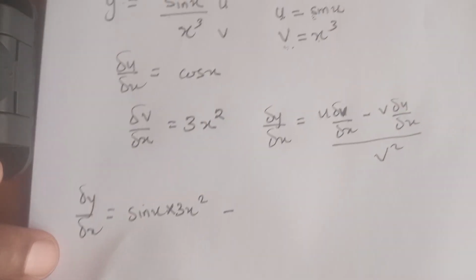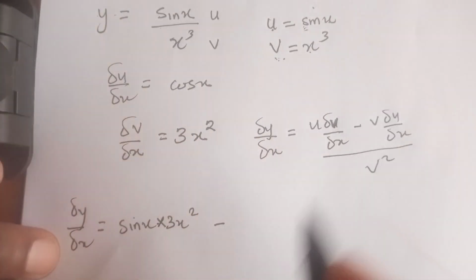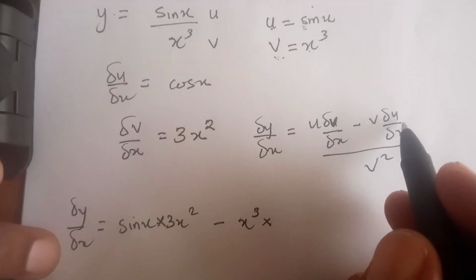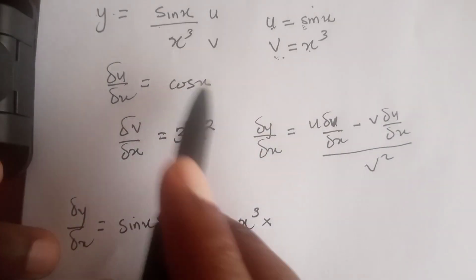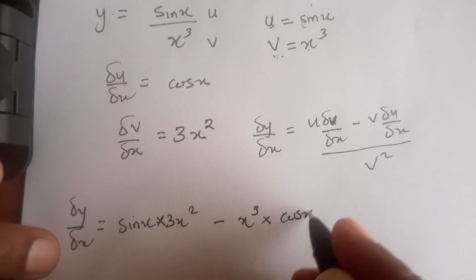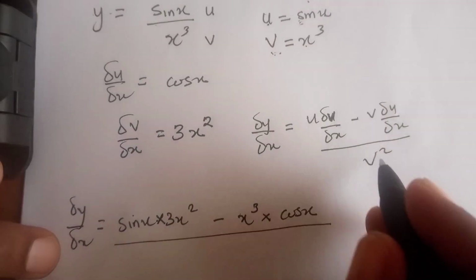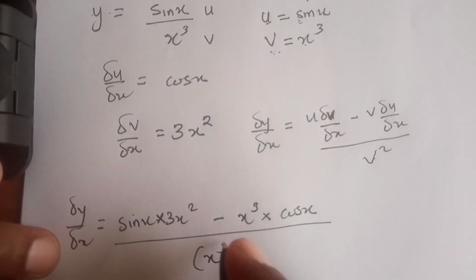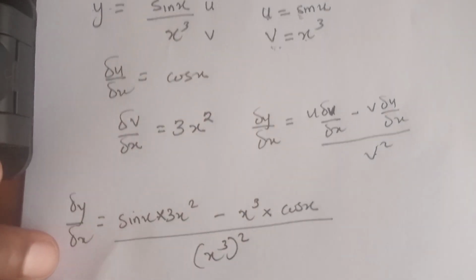What's v? V is x cubed. So write x cubed times, what is du dx? Du dx is cos x, all over v squared. What's v? V is x cubed, so I will say x cubed, then all squared. So simple.